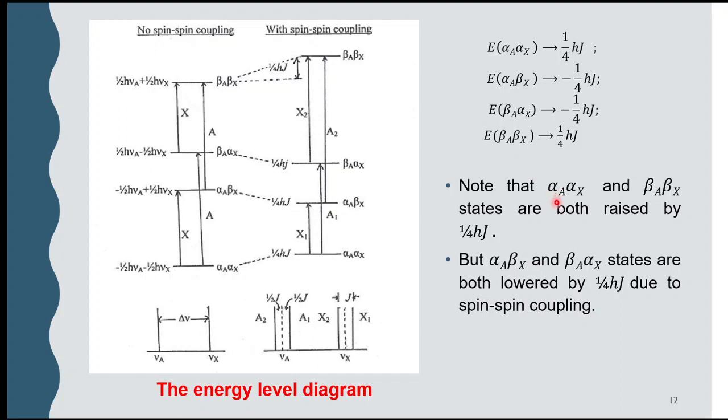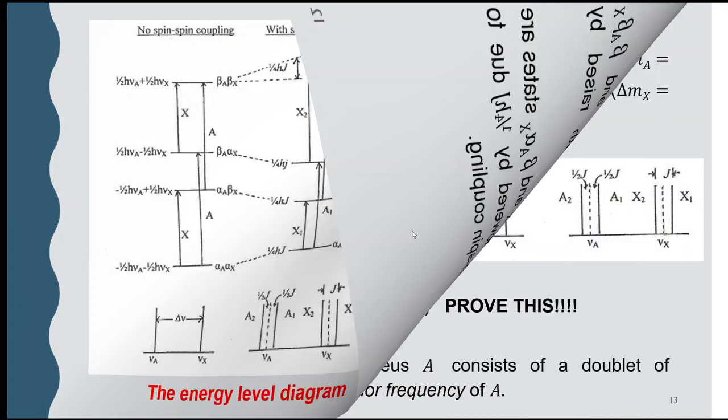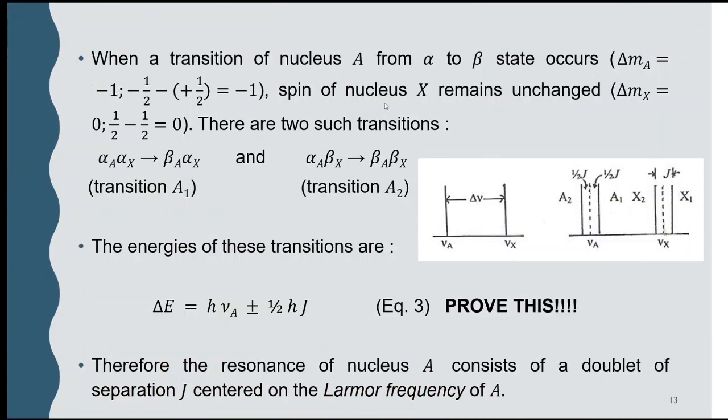Okay, so this is the equation. Go ahead and also prove this as well. When a transition of nucleus A from alpha to beta occurs, you have negative half minus plus half, you have negative 1.